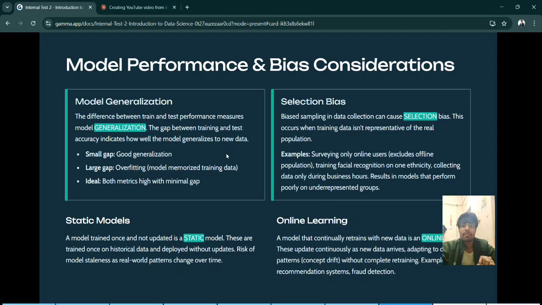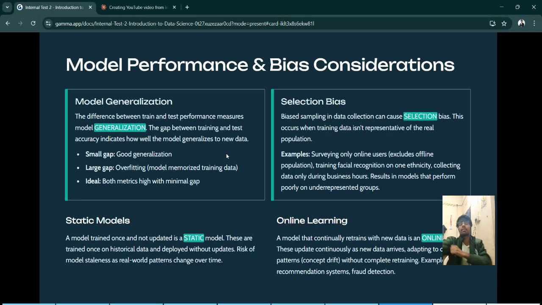Version A might be your current version and version B your new and improved version. You need a statistical test to ensure the difference is not just random chance. This is standard practice for validating model improvements in production systems.